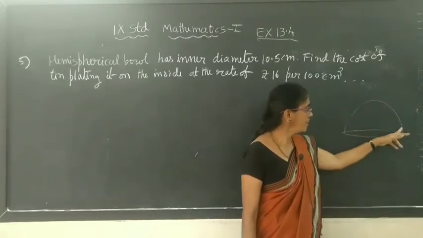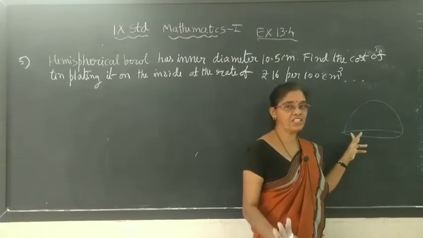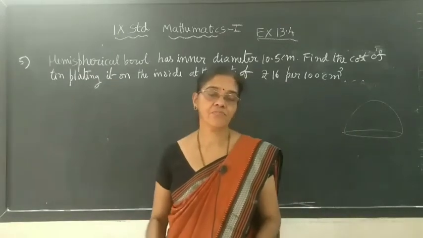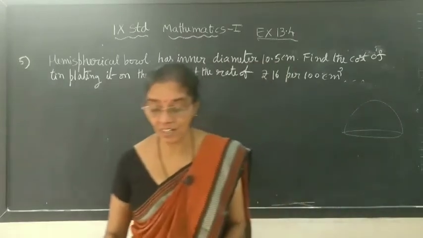This is nothing but the curved surface area. We want the curved surface area to see how much area we have to tin plate. Then using this value and that value, we will find the cost.